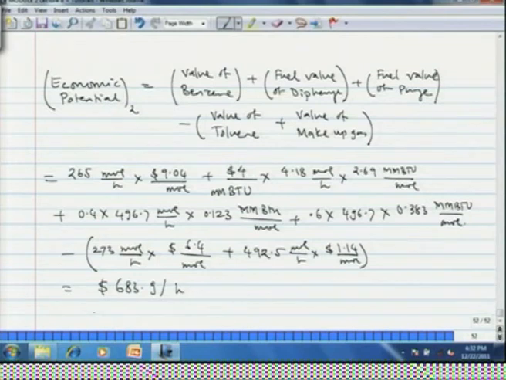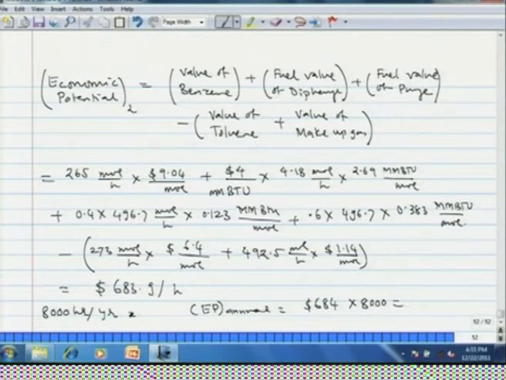Assuming 8,000 hours per year, the total annual economic potential will be 683, or you can take 684, into 8,000. That turns out to be $5.46 million.